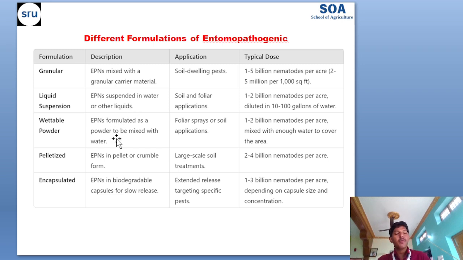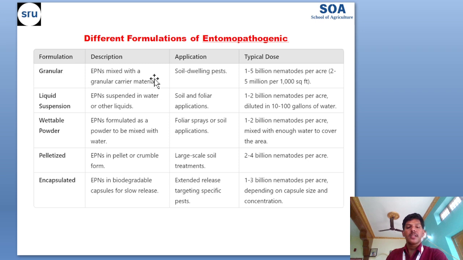In wettable powder form, EPNs are formulated as a powder, to be mixed with water. In pellet form, EPNs are produced in pellet or crumble form. In encapsulated form, EPNs are developed into a biodegradable capsule for slow release of the nematodes.